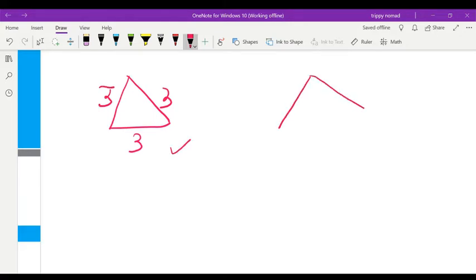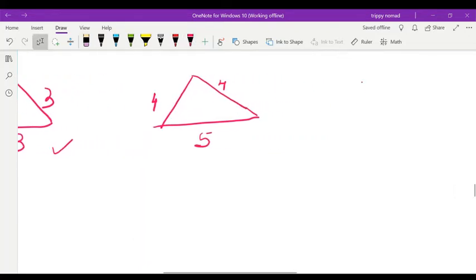If two sides have equal measure, this one 4, this one also 4, and this is 5, it is called an isosceles triangle. If all 3 sides have different measures, suppose 3, 4 and 5, it is called scalene. I hope you understood.